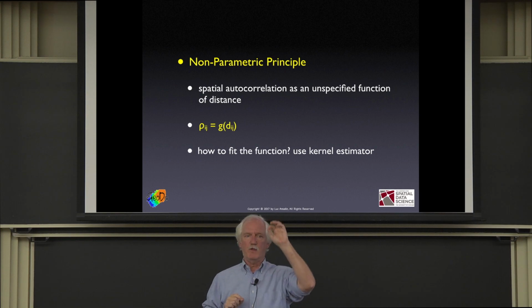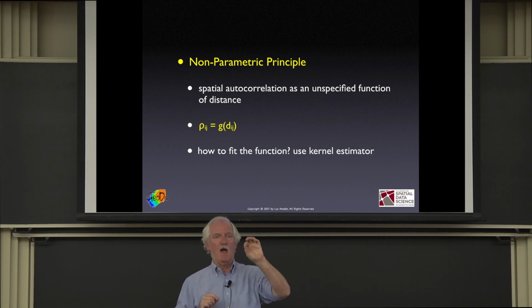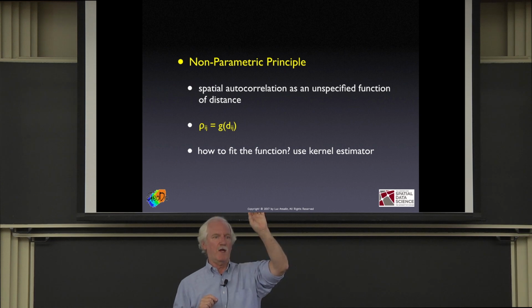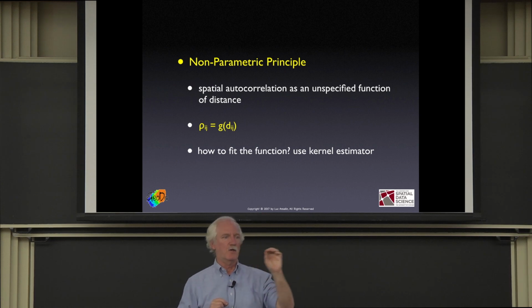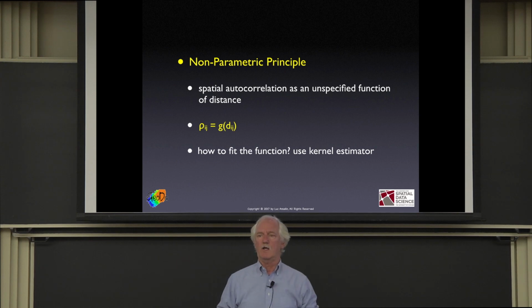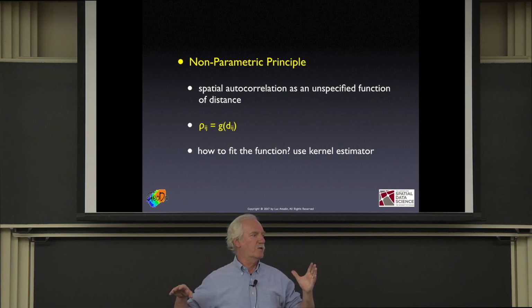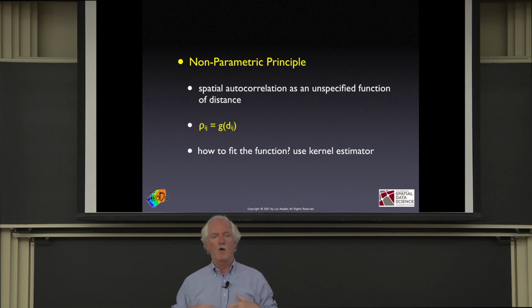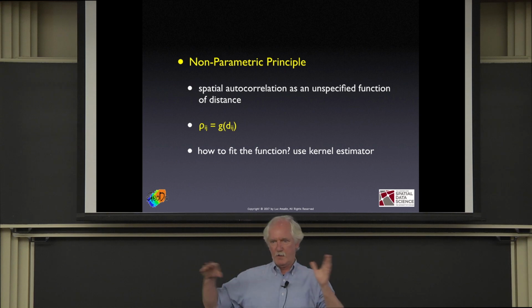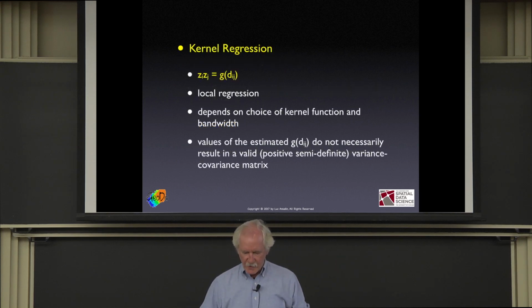So every pair of locations is a point in that graph. The higher, the more correlation. The lower, the less correlation. The further out, the further apart they are. The further to the left, the closer they are. And then we take all these points and we can fit a curve to it, just like we do with a lowess curve or a kernel curve. You just fit a non-parametric curve to it. So that's the principle. You have all these cross products.